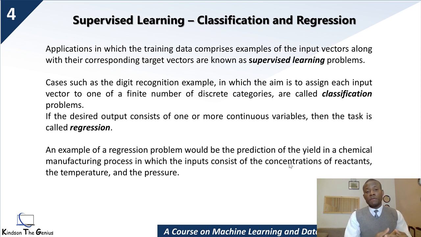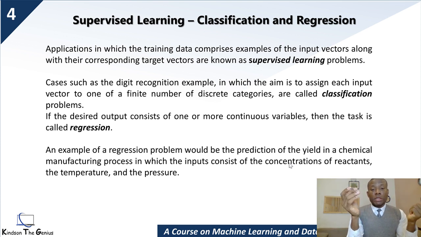For instance, in the digit recognition problem we discussed previously, the aim is to assign each input vector, a series of pixels, to one of a finite number of digits, 0 to 9. That is classification. So you have a series of input vectors representing an image, and you need to classify it. Is this a 0? Is this a 1? Is this a 2? That is an example of a classification problem.